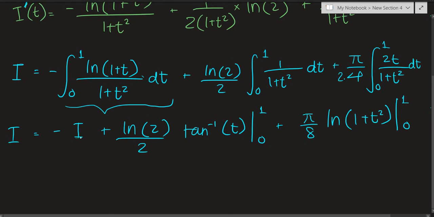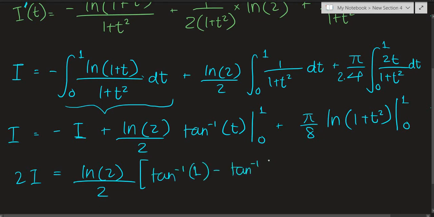So in the end we can add this I to that side. We get 2I is equal to natural log of 2 divided by 2, as a constant we can factorize that out, times the inverse tangent of 1 minus the inverse tangent of 0, plus pi over 8 times, when we plug t equals 1 here, the natural log of 1 plus 1, or 2, minus the natural log, when t equals 0, of 1.